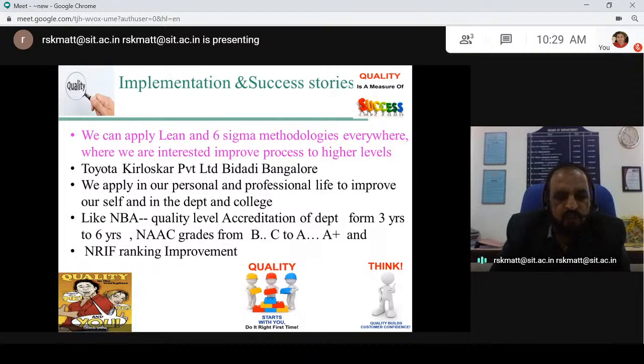Around 10 to 15 years back, the production rate of the Innova was 3.57 minutes. One Innova they used to produce, that was 15 to 20 years back. So now they are able to produce one Crysta in 2.35 minutes.